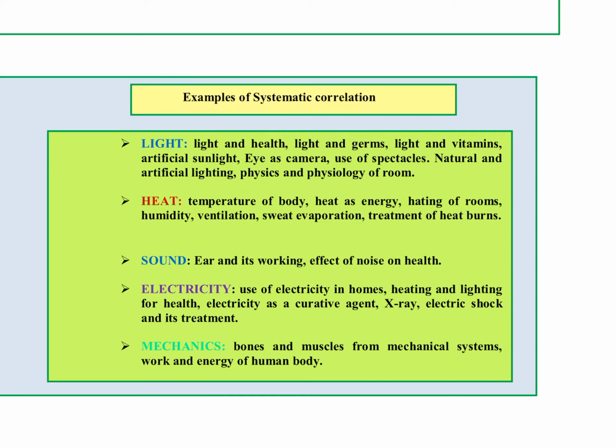There the physiology of the room is related to biology, and what type of physical arrangements have to be there to make it very conducive for ill people, or even for healthy people, what type of room should we have. So these are interrelated, systematic correlation.